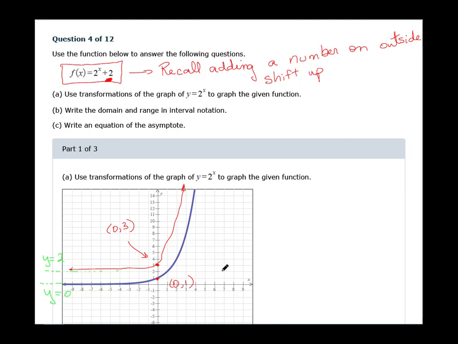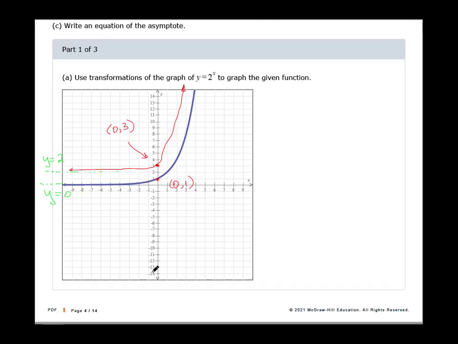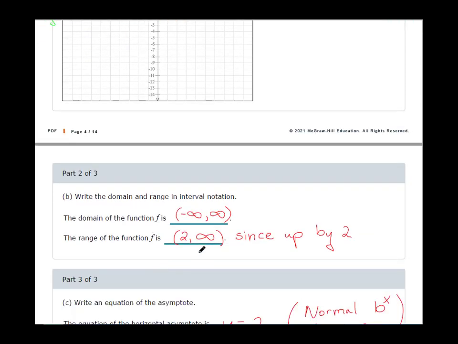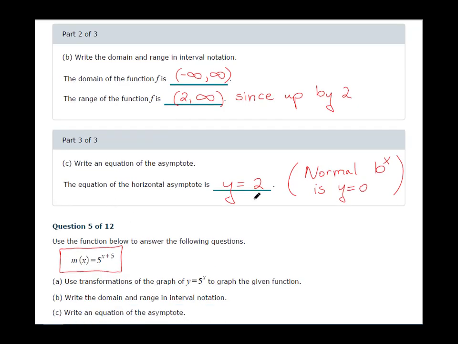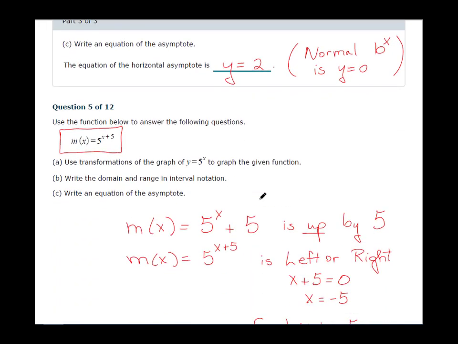Domain doesn't change, but now it never gets to 2. That's why it looks like the following on the range. Domain has not changed. Horizontal asymptote we talked about was y equals 2.